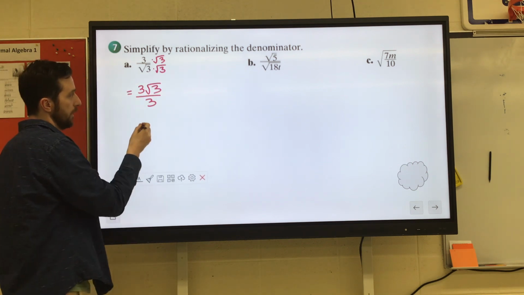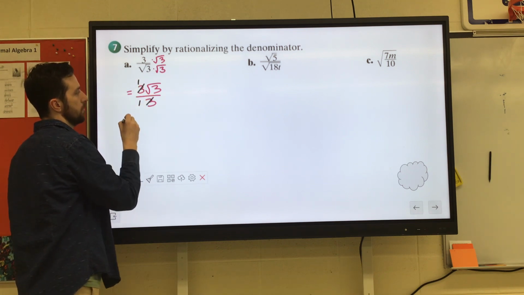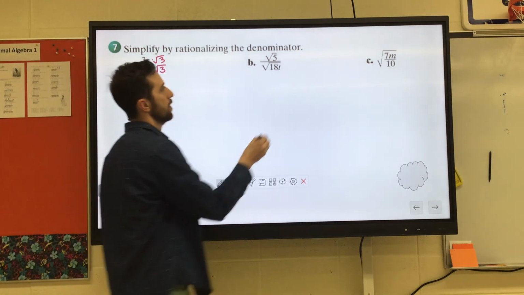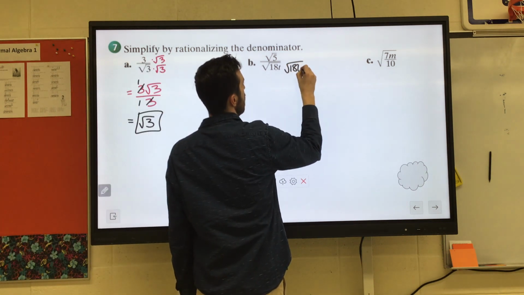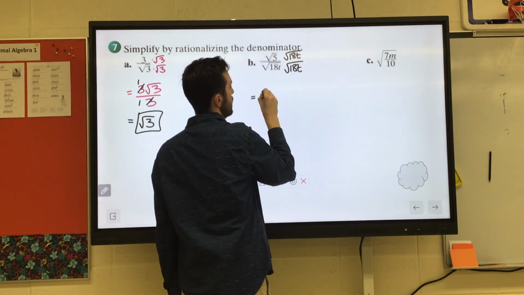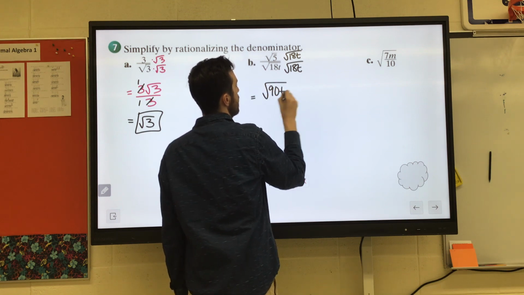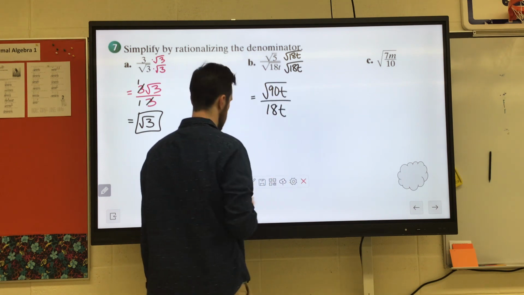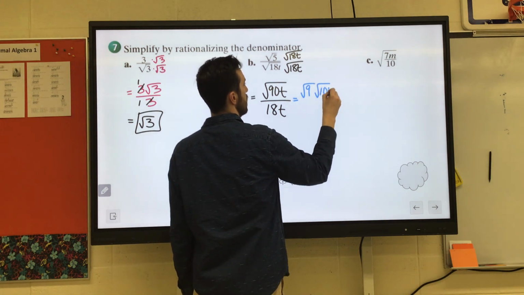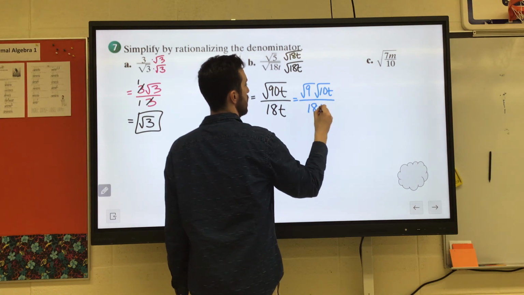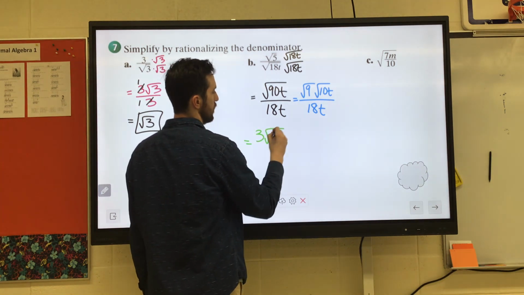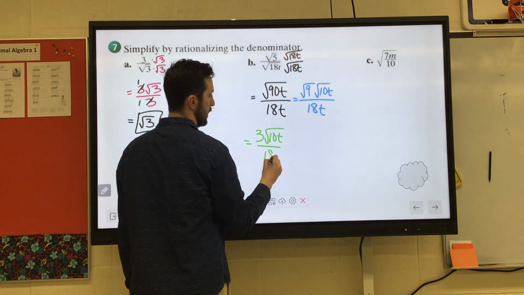And 3 root 3 you can divide by 3. So it would be root 3 over 1, which is root 3. Let's see, that would give us 90t, square root of 9, let's see, 3 root 10t over 18t.